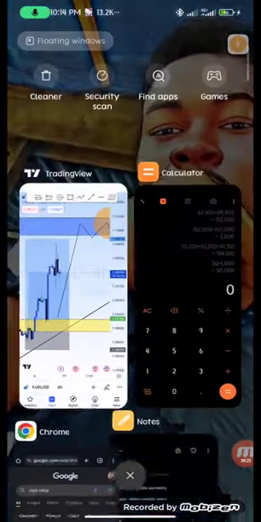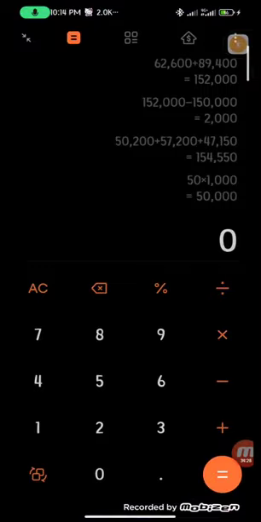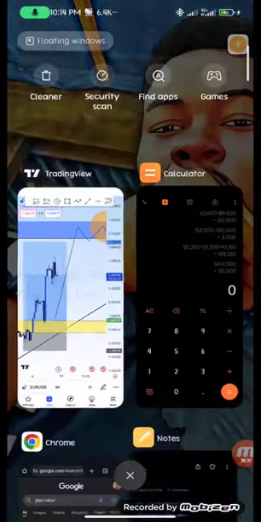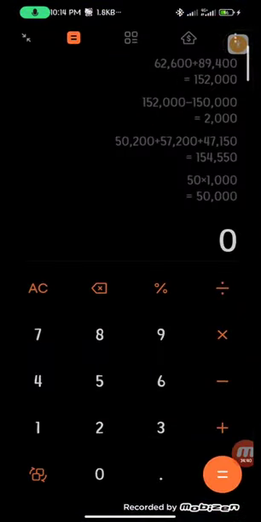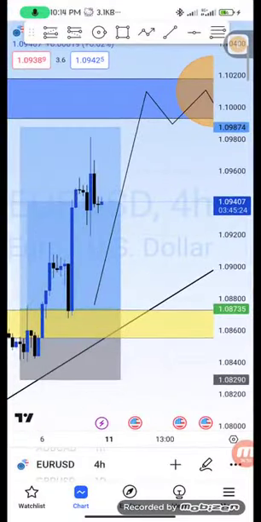Now talking about one micro lot size, which is 1,000 units, if I enter this trade with that, one pip move of one micro lot size is $0.1 per pip. So times 65 means I'll be making $6.5. So you see that the lot size you are using determines your profit and also your pips value.